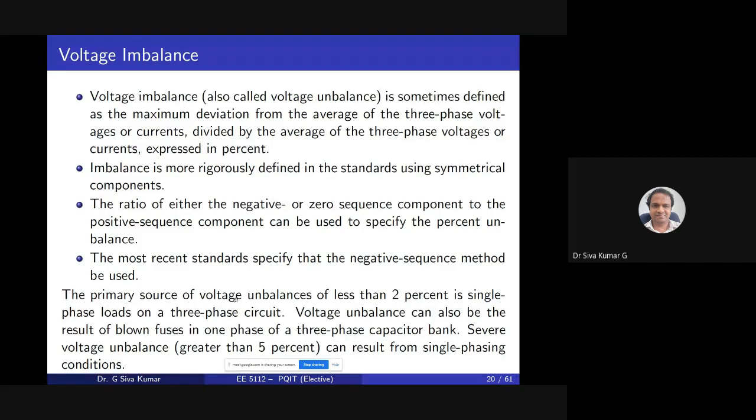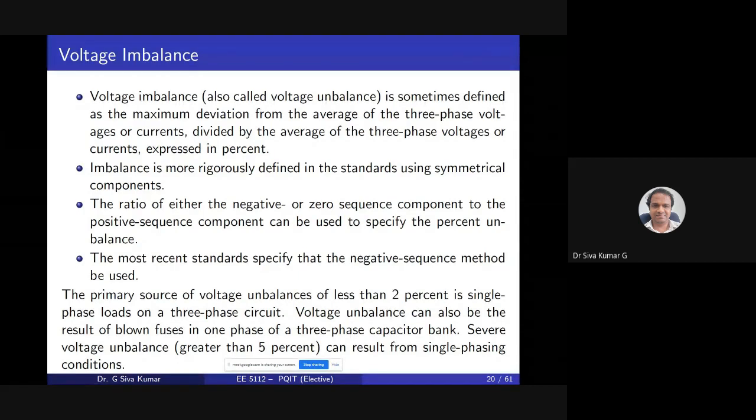Here the primary source for the voltage imbalance of less than 2% is single phase loads on a three-phase circuit. The voltage imbalance can also be the result of blown out fuses in one of the phases of a three-phase capacitor bank, that is, uneven charging of it. The severe voltage imbalance greater than 5% can result from single phasing conditions.